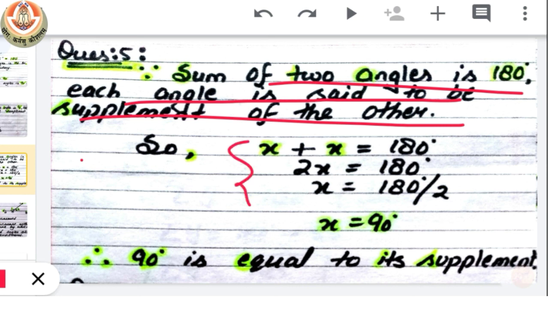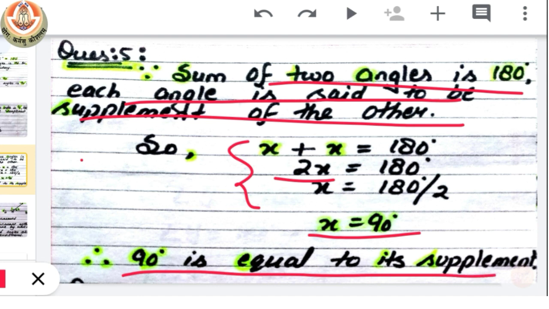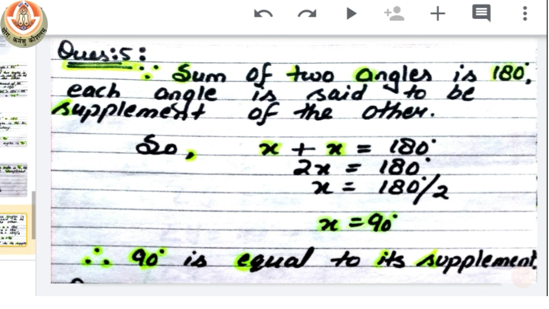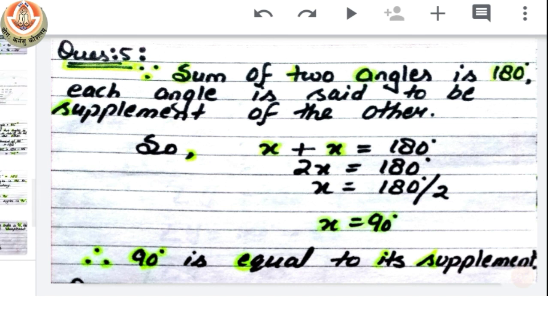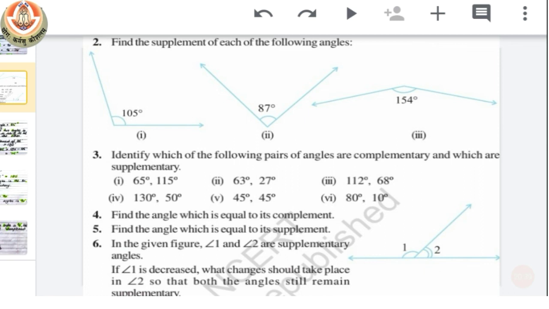So again we have to solve this. We get x plus x equals 2x, and then this 2 goes to the other side of the equal sign in the denominator and divides 180. When 180 is divided by 2, we get 90 as the value of x. That means 90 is equal to its supplement. That means when we add 90 with itself, it will become supplementary angles.